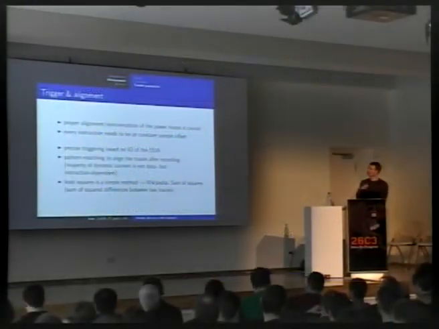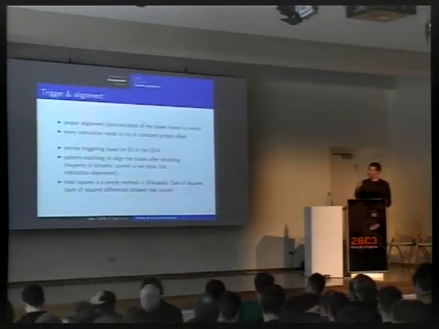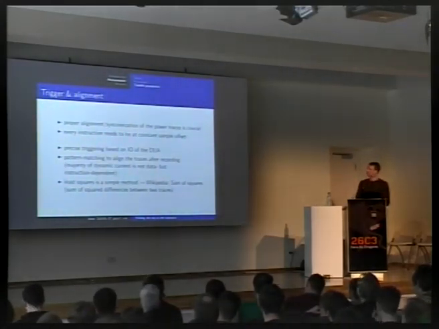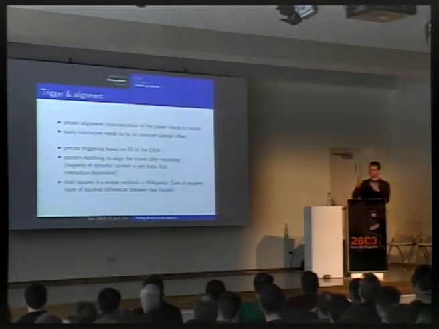That's why you can align them well using pattern matching techniques. One method is the least squares. So you just move those two traces against each other and sum the squares of the differences between those two traces, and you take that setting where you get the least sum.